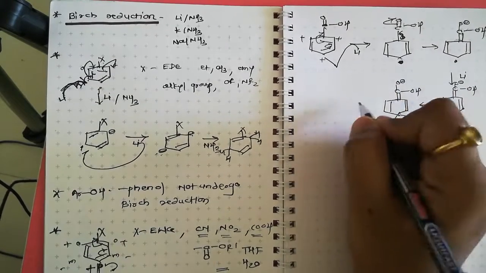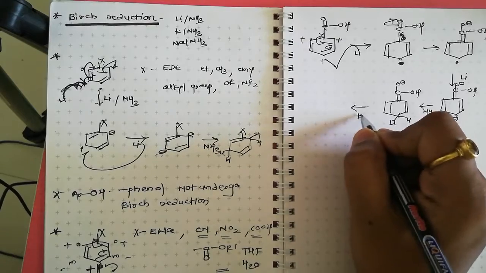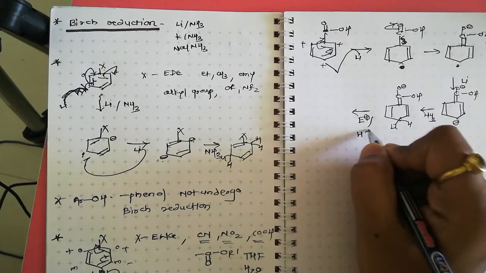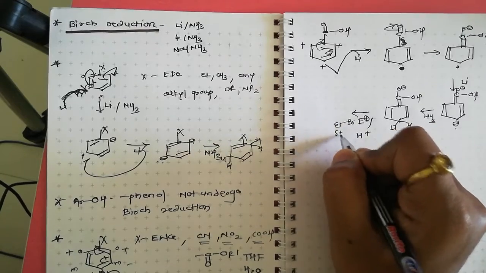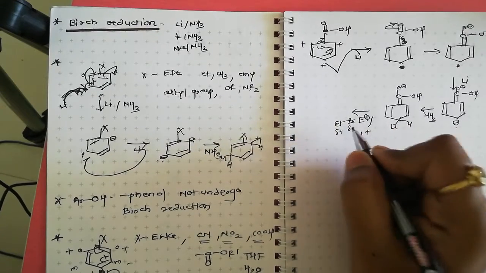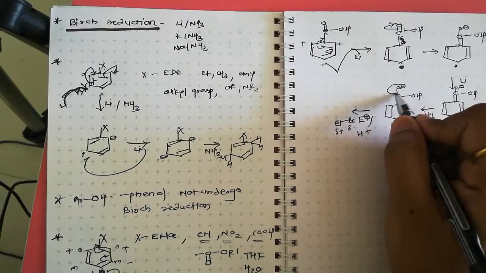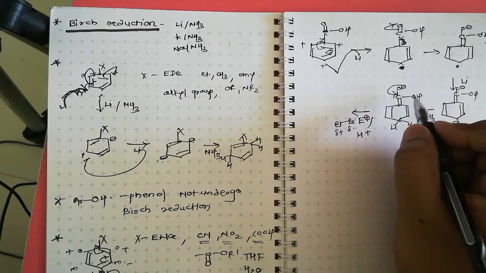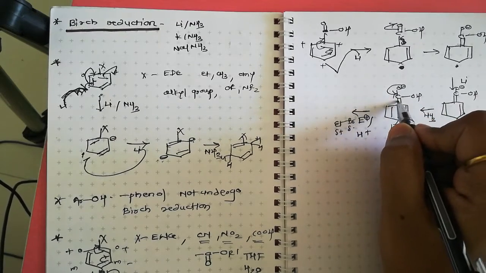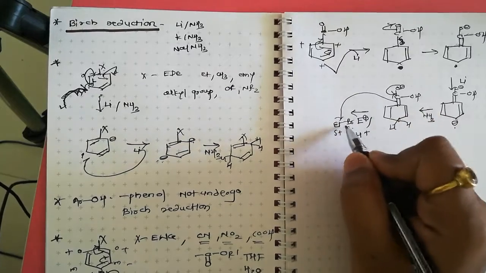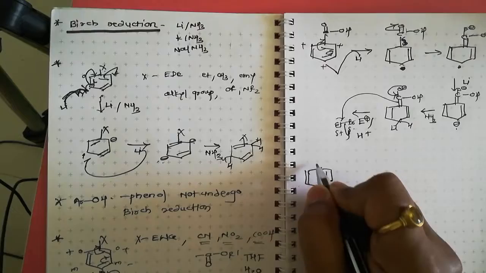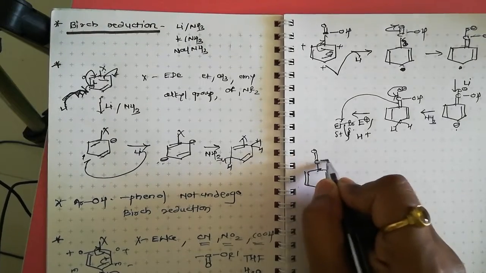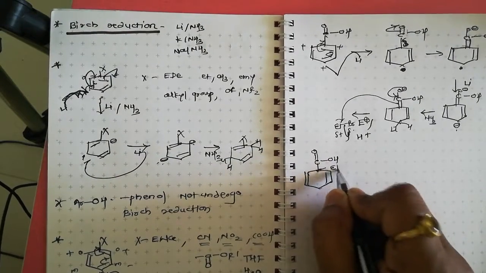If here we take an electrophile instead of protons, the electrophile is EtBr, and the electrophilic group is ethyl. Here a carbonyl carbon is formed, then this bond attacks this ethyl and Br is eliminated, and we get here CO, here OH, here we get ethyl.